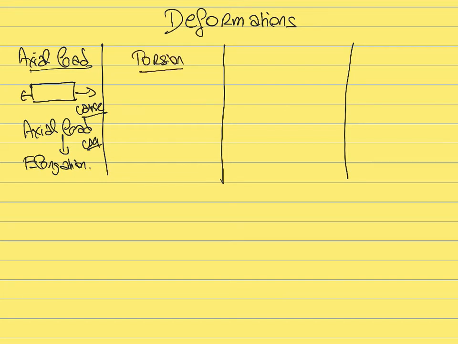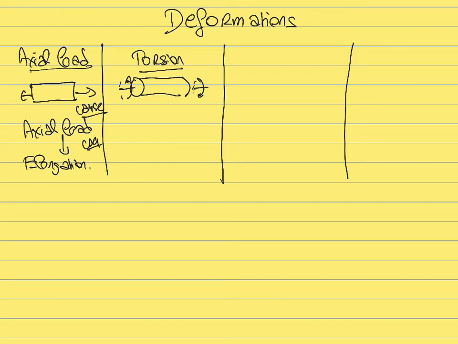torsion. So in the case of torsion, if you have a beam like this, which typically would be some kind of shaft, then what we are going to see is the type of deformation that is due to the application of a couple. If you have a couple like this that is applied, that is causing a twist deformation of the beam.